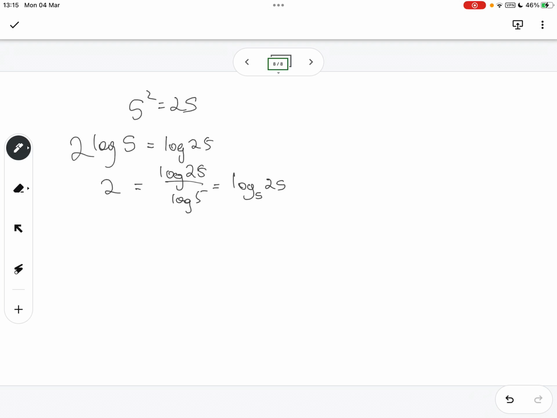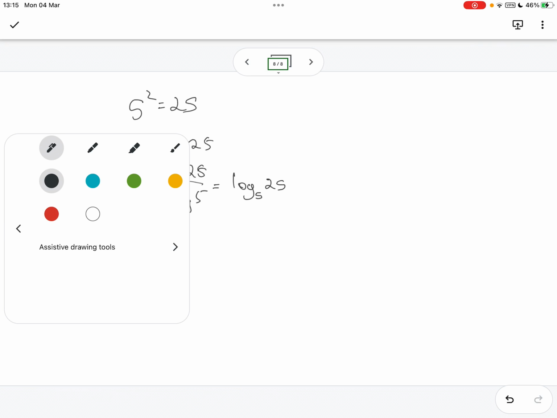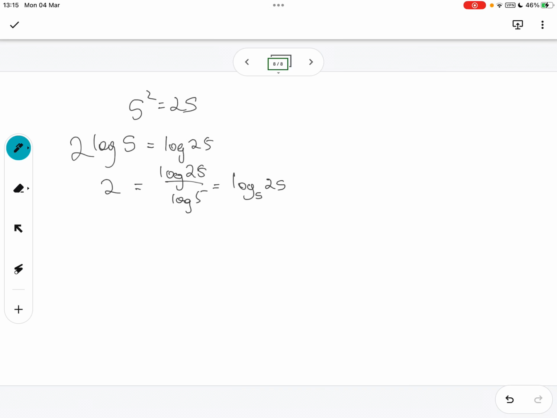So this one we can directly solve like this, and in words we'll say 2 is the power to which 5 must be raised to give the number 25.